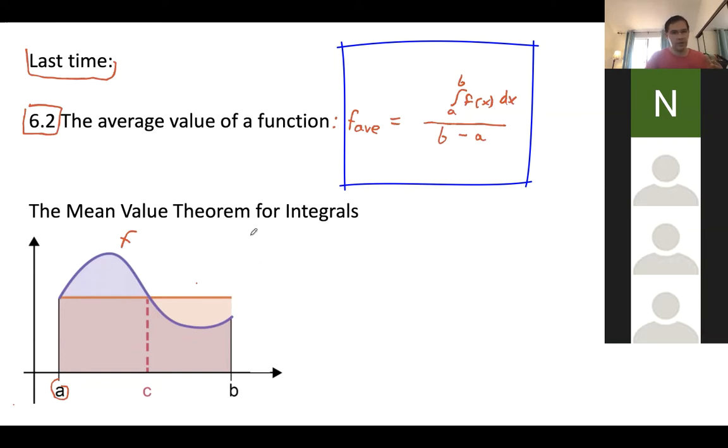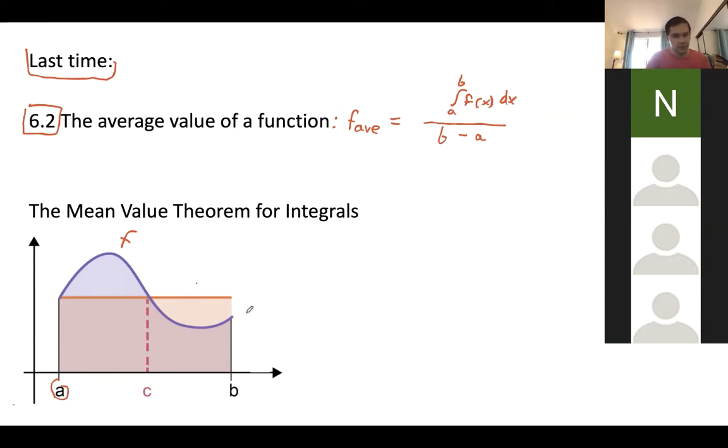By definition, the intuition is that if this is the function f, then somewhere here the function will have a maximum. And then somewhere here the function will have a minimum.